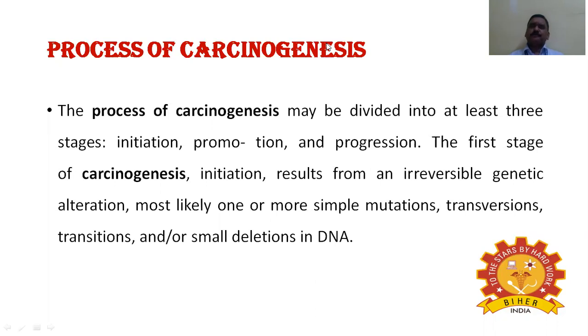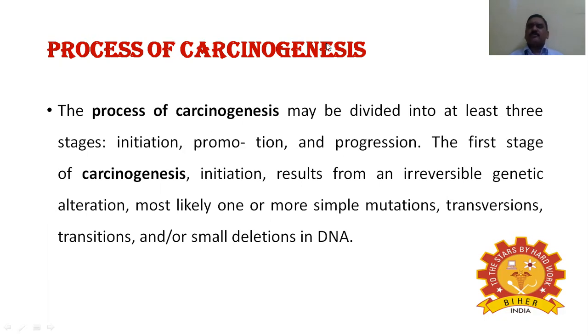Next, I'm going to the process of carcinogenesis. The process of carcinogenesis may be divided into at least three different stages: initiation, promotion, progression. Number one, initiation; number two, promotion; number three, progression.